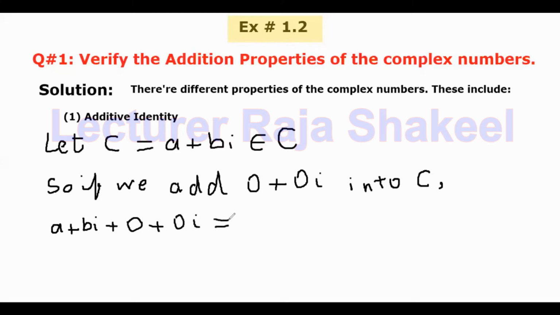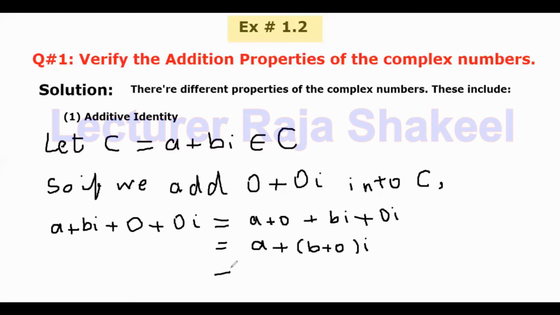Then the real parts will be added to each other. So this will become A plus 0 plus B iota plus 0 iota. A plus 0 is equal to A, because this is the additive identity property of the real numbers. Then B iota plus 0 iota, we can take iota as common, so B plus 0 is left here.